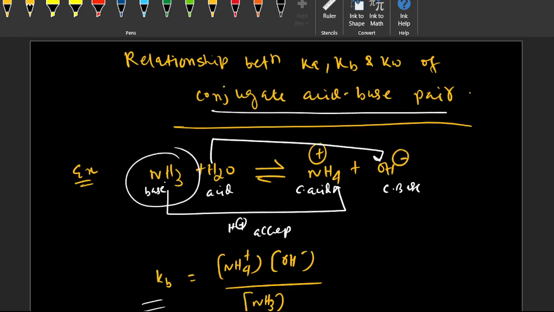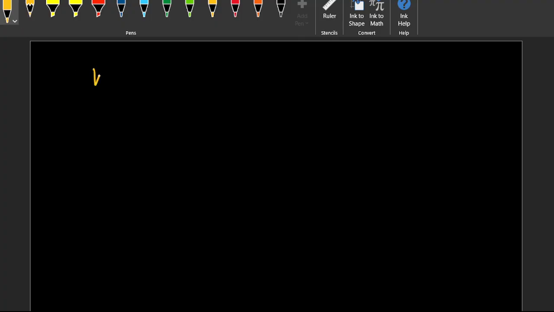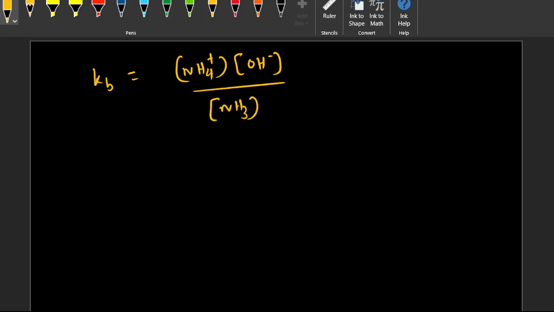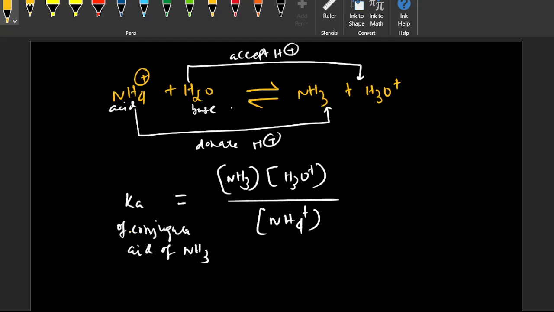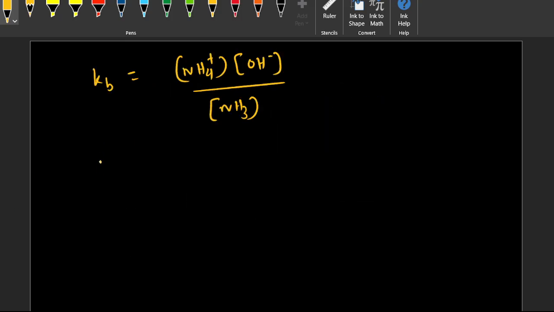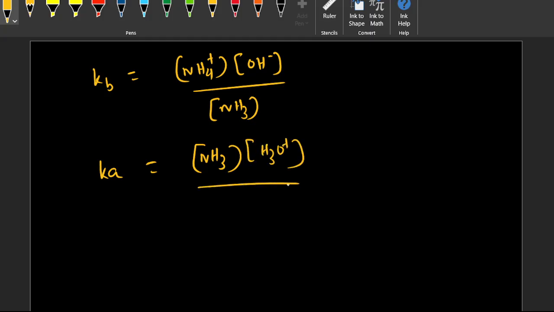Kb is NH4 plus, OH minus over NH3, and for the conjugate acid, Ka is NH3, H3O plus over NH4 plus.